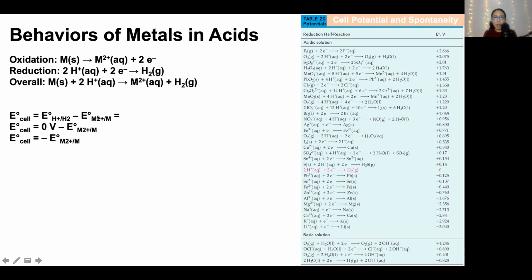For this general reaction, we have here a formula for our standard cell potential, which is the potential of your hydrogen gas electrode, because that's the reduction, so this is your cathode, minus the standard electrode potential of your anode, the one containing your metal. Again, this one is 0 volts. Why? This is just your standard hydrogen electrode reversed. Di ba, the standard hydrogen electrode is set as an anode, so oxidation reaction siya.